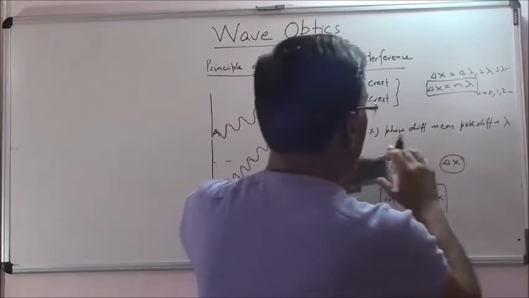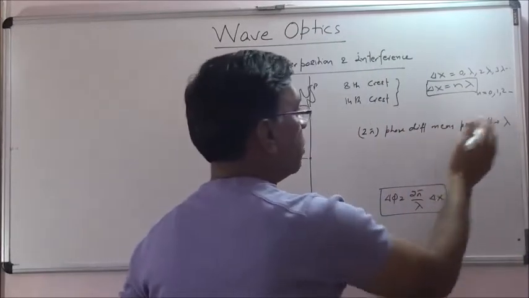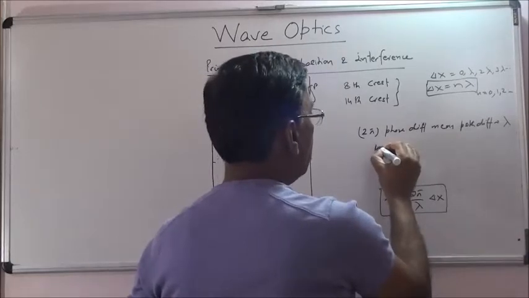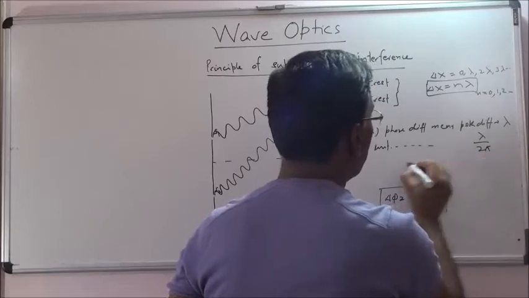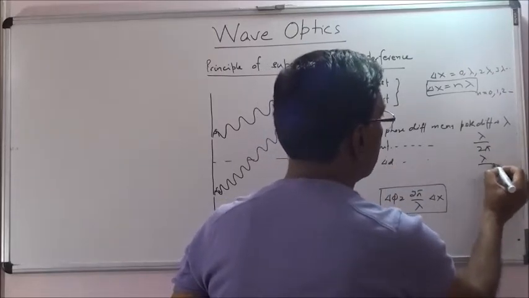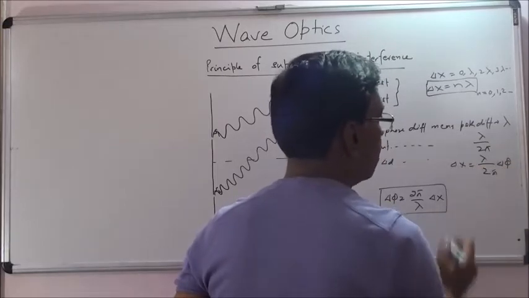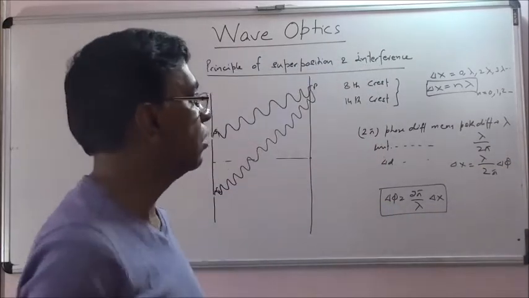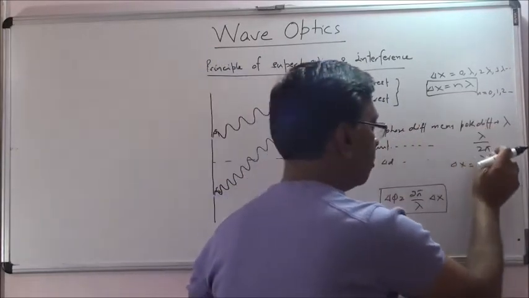If 2 pi phase difference means a path difference of lambda, then one unit of phase difference means lambda by 2 pi.